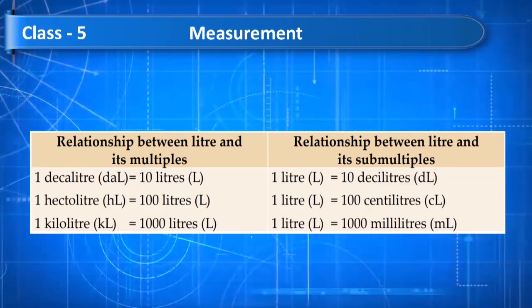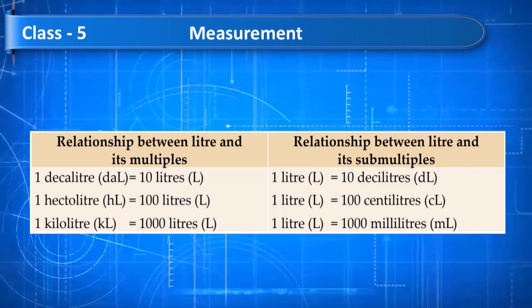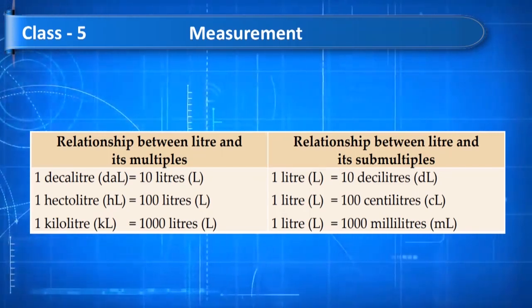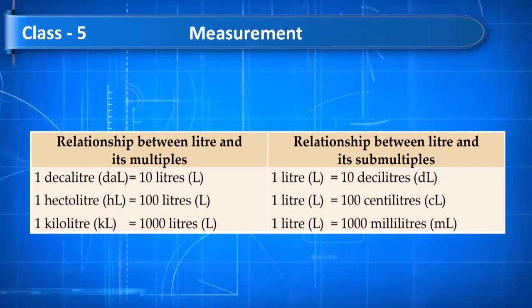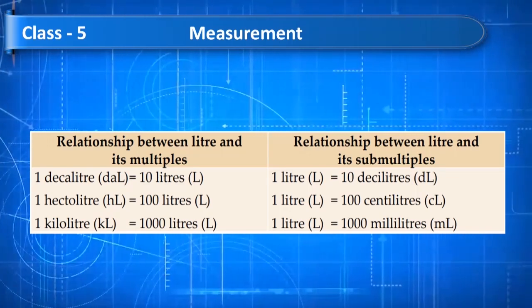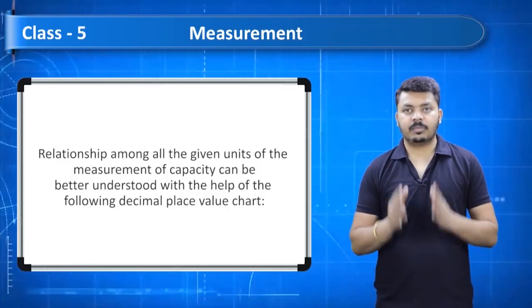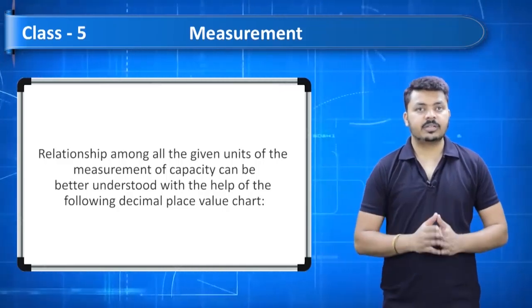Similarly, relationship between liter and its submultiples. 1 liter is equal to 10 deciliters, 1 liter is equal to 100 centiliters, and 1 liter is equal to 1000 milliliter.